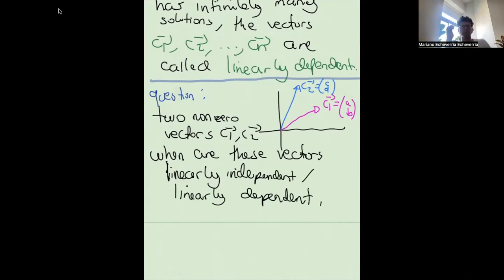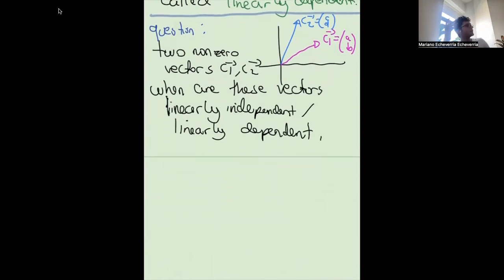So again, to figure out the linear dependence or independence of the vectors, what you have to look at is the homogeneous system.